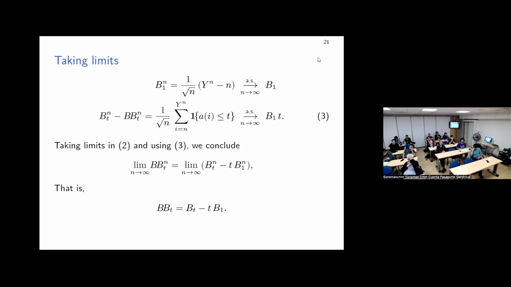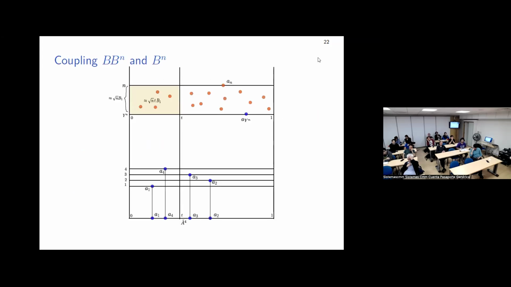So the observation is that instead of moving the whole thing of the Lévy construction, here you have an extra number of points that is uniformly distributed in time. And the piece that you get, that is smaller than t, is of order t times the square root of n B1, that is the number of terms of the difference.